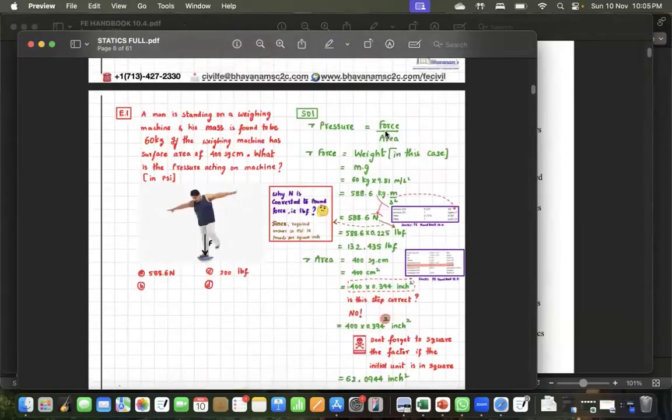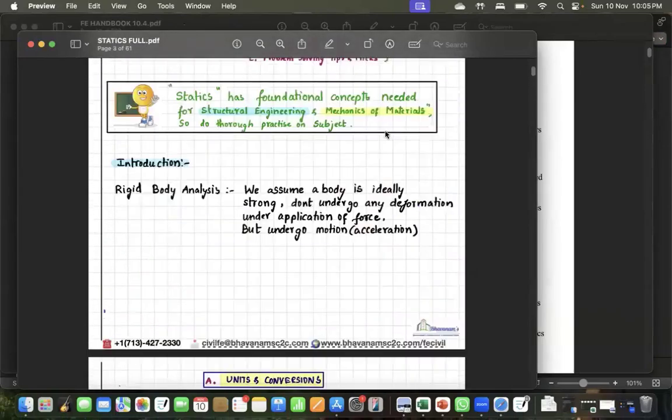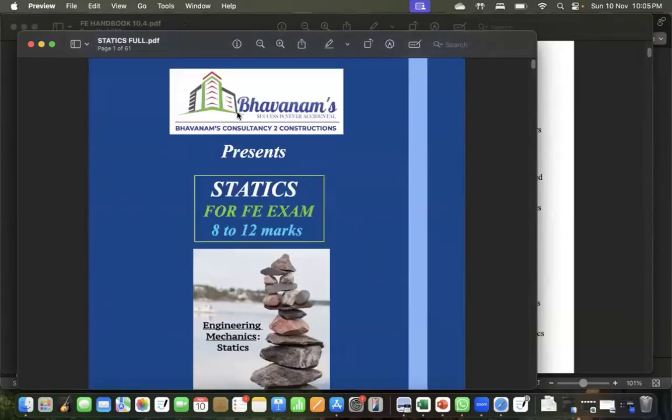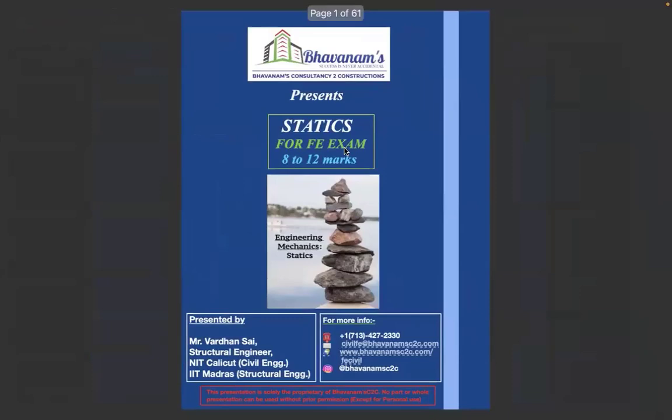You guys can see the screen, right? Yeah, this is one sample of notes made by our team, by me.